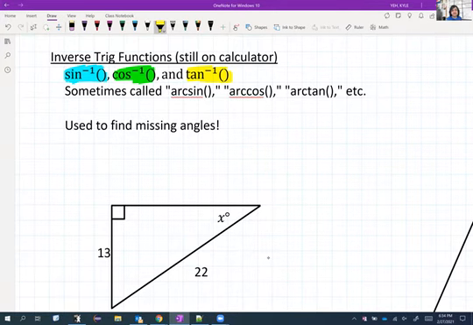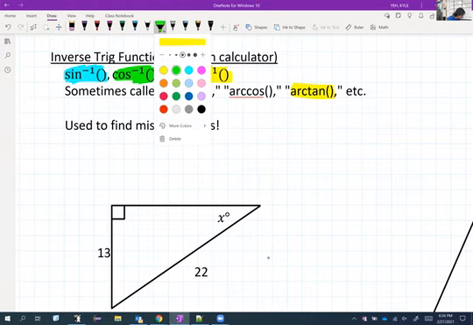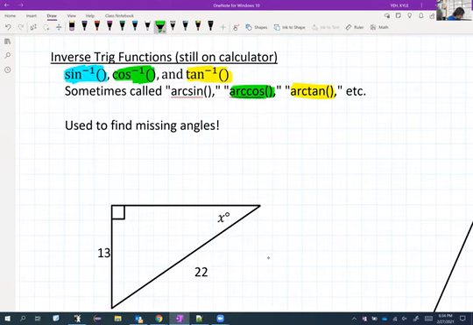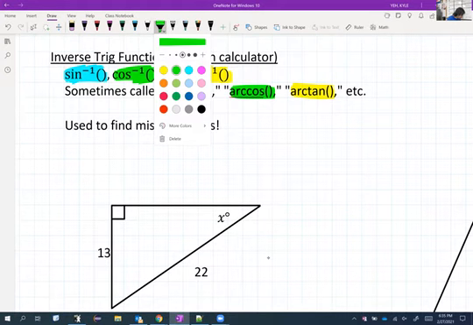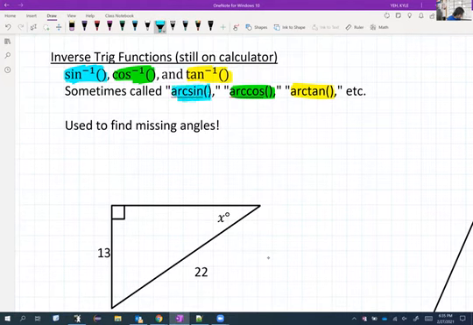You will also see them referred to as arc sine, which is the exact same as inverse sine. Arc cosine is the same as inverse cosine. Arc tan is the same as inverse tan. So just know that they have 2 names. Arc means inverse in this case.